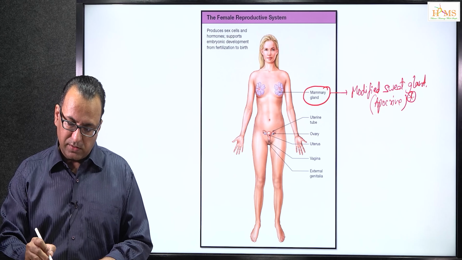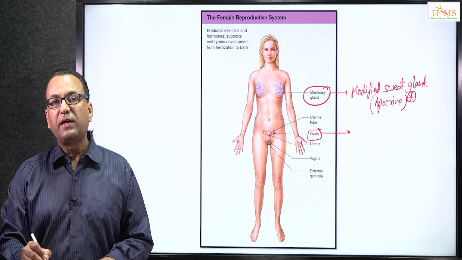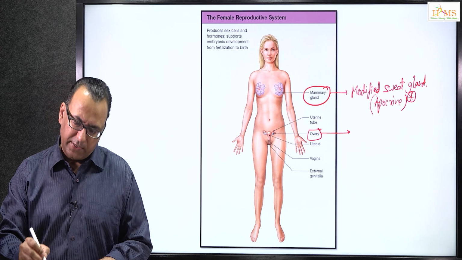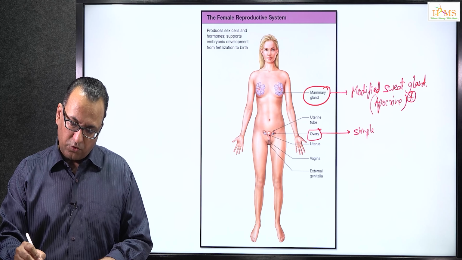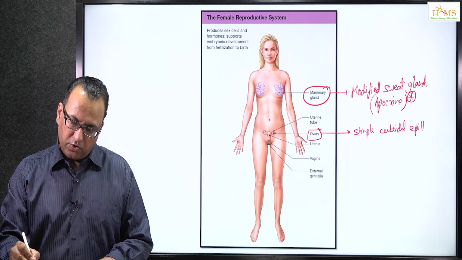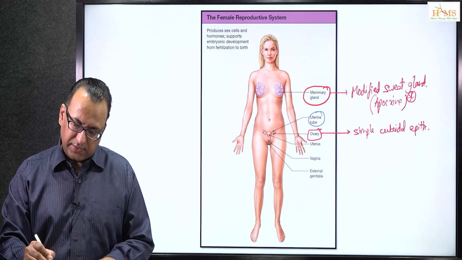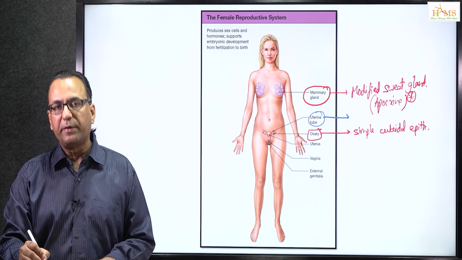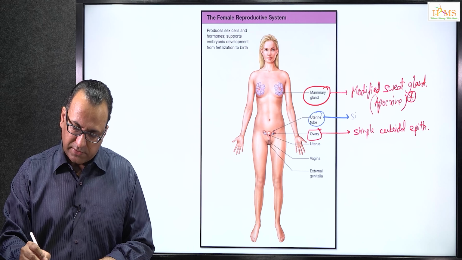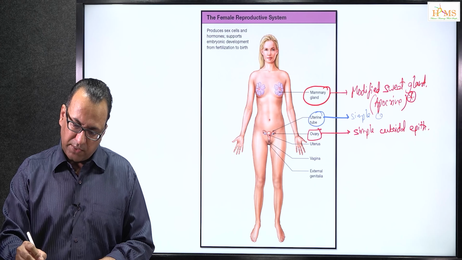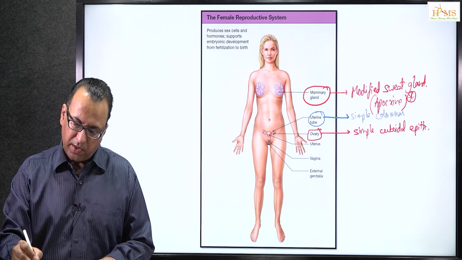For example, the ovary. Ovary is lined by simple cuboidal epithelium. And what about the uterine tube? As we talk about the uterine tube, we will find that it has simple columnar epithelium. We'll be drawing a diagram ourselves to discuss the details, but some of the cells in this simple columnar epithelium will have cilia also.